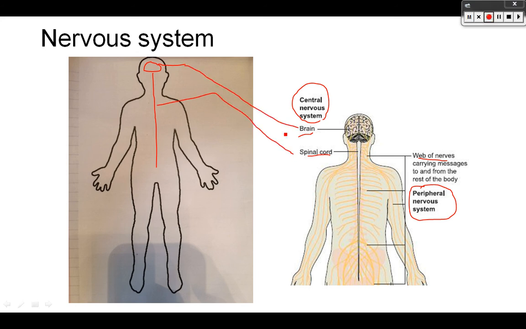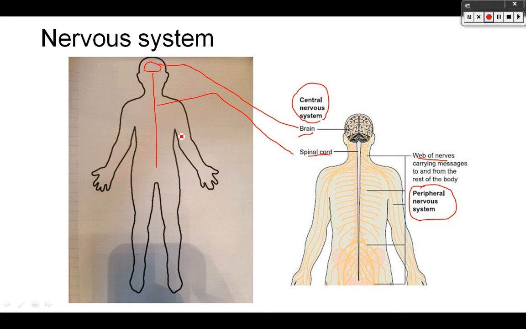That is the brain. And then you have this web of nerves. Similar to the circulatory system, where there was no way you could draw every vein and artery and capillary, there's no way you're going to be able to draw every nerve. Nerves go all over your body. They're a little different from capillaries in that capillaries truly do pretty much go every single place in your body because every cell in your body needs blood brought to it, whereas there are places in your body where there aren't nerve endings.